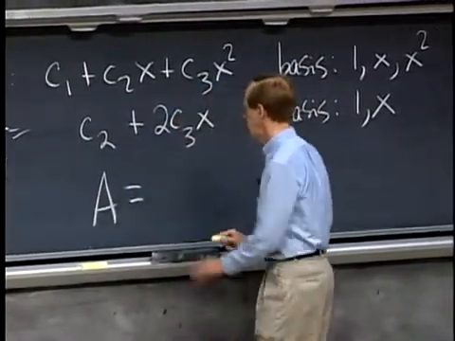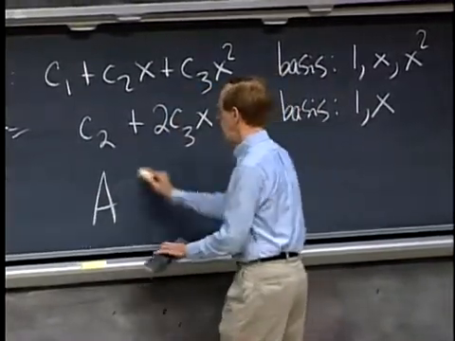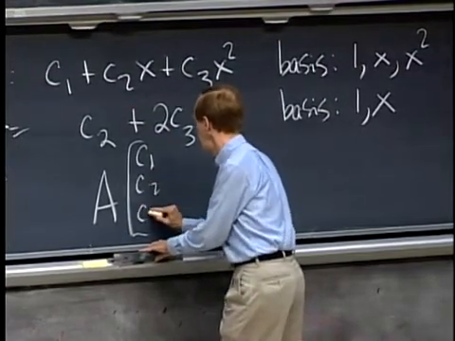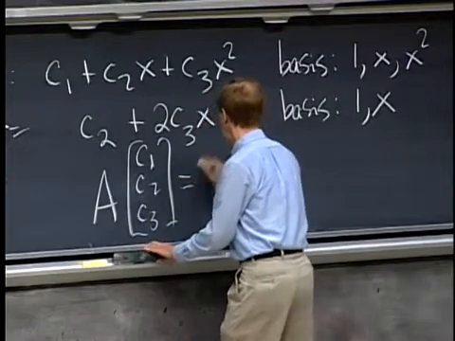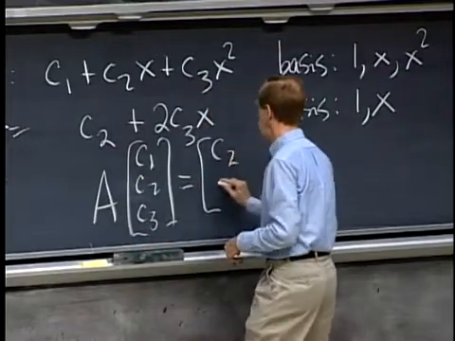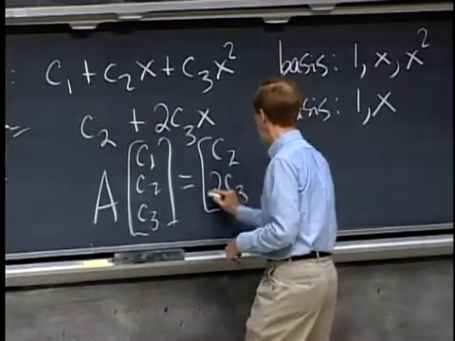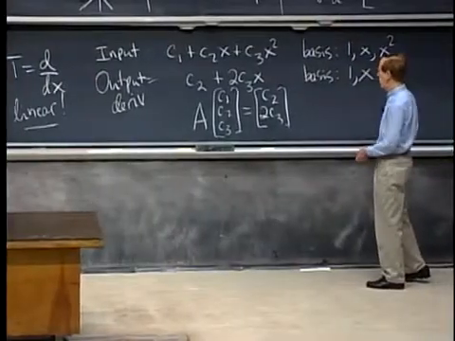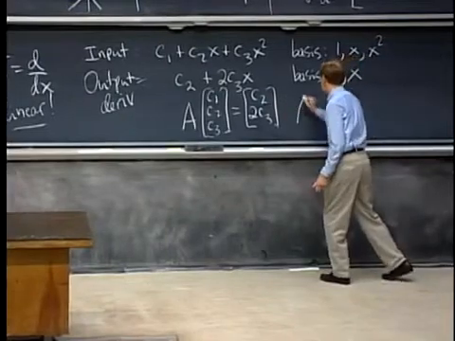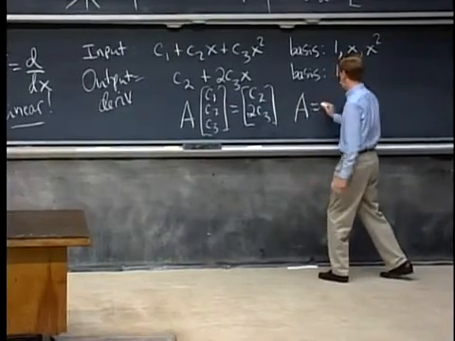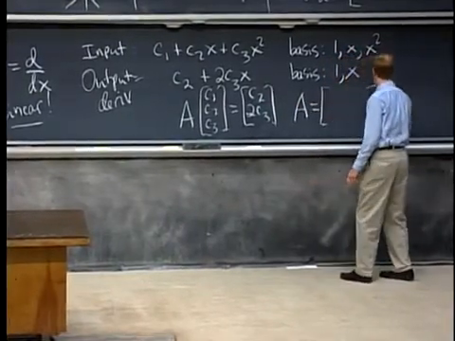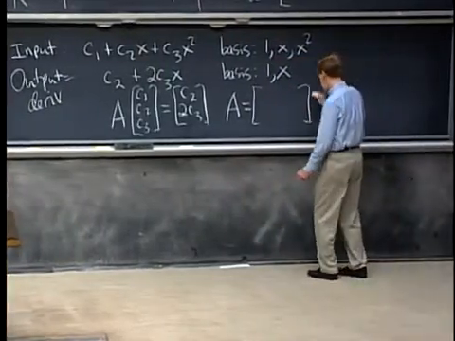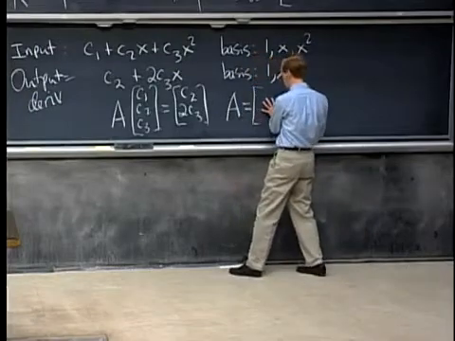Okay, now what's the matrix? So I want the matrix to multiply these input vectors, input coordinates, and give these output coordinates. So I just think, okay, what's the matrix that does it? I can follow my rule of construction, or I can see what the matrix is. It should be a 2 by 3 matrix, right? And the matrix, so I'm just figuring out, what do I want?